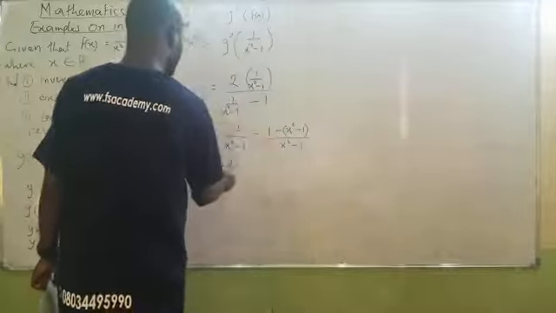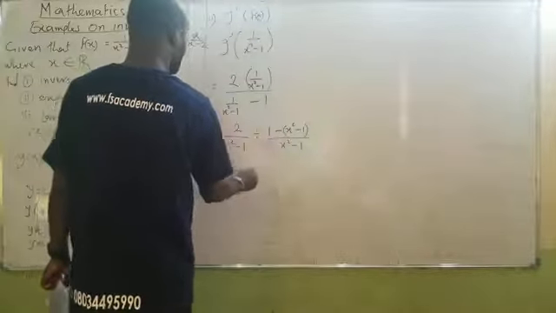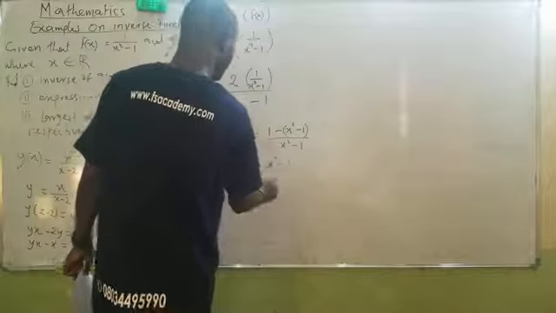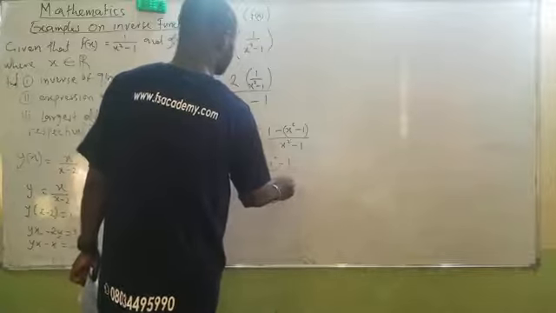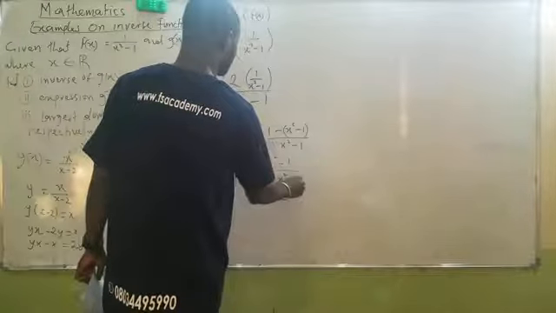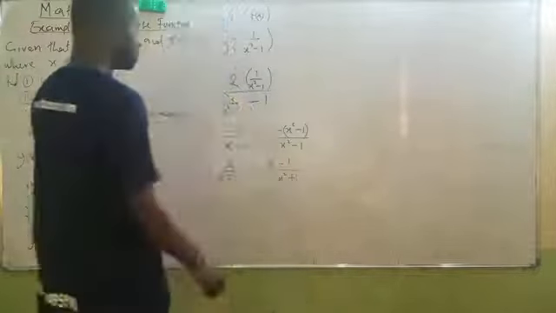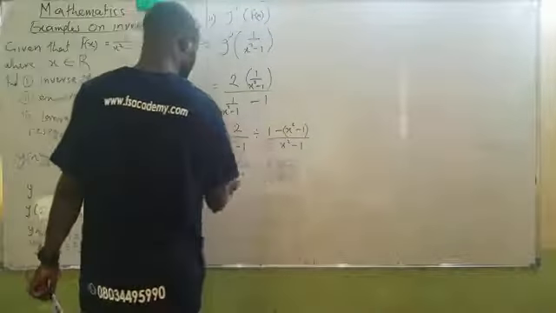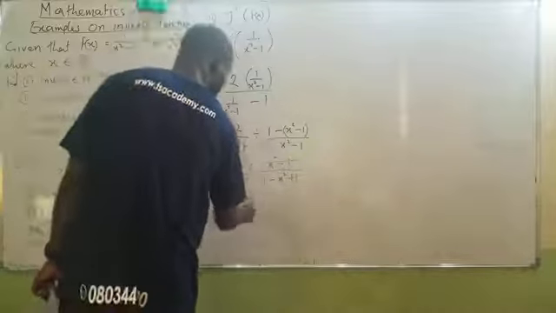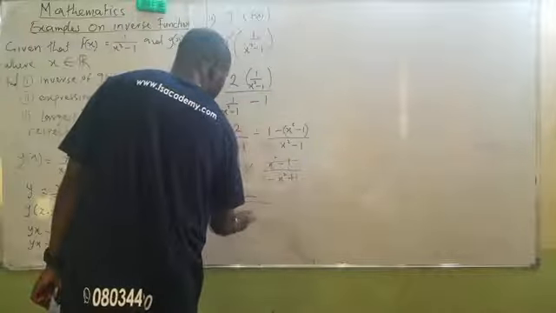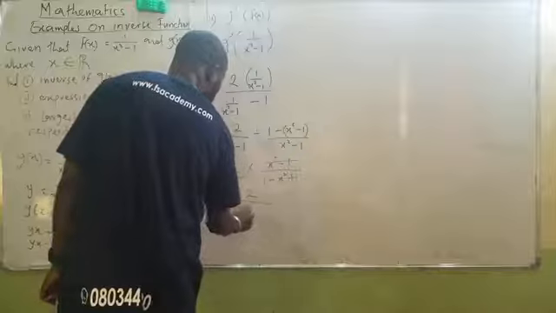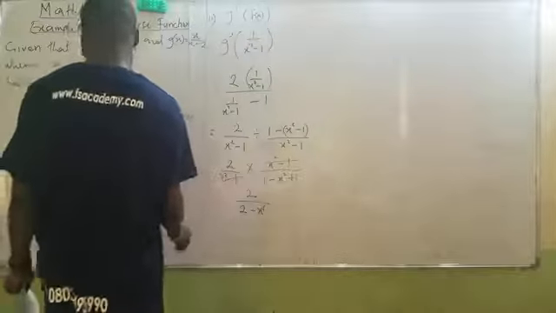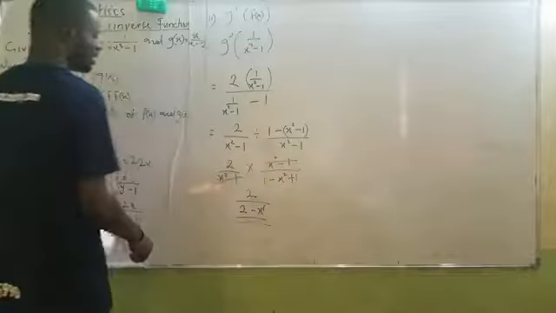Now, we have 1 all over x squared minus 1 multiplied by x squared minus 1 divided by 1 minus x squared plus 1. Yes, it's plus 1. Now, by so doing that, this we cancel this. Now, left with 2 divided by 1 minus what? I'll be having 2 minus x squared. That is the expression.